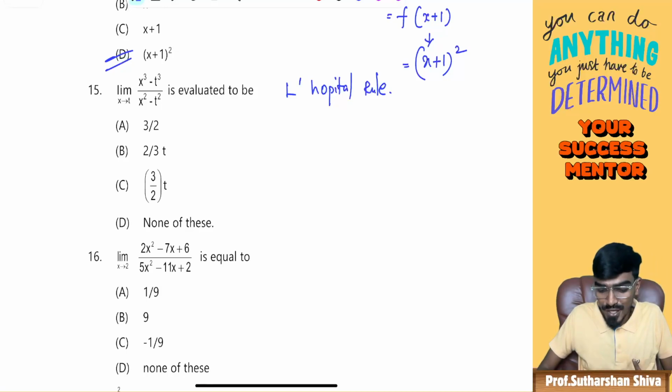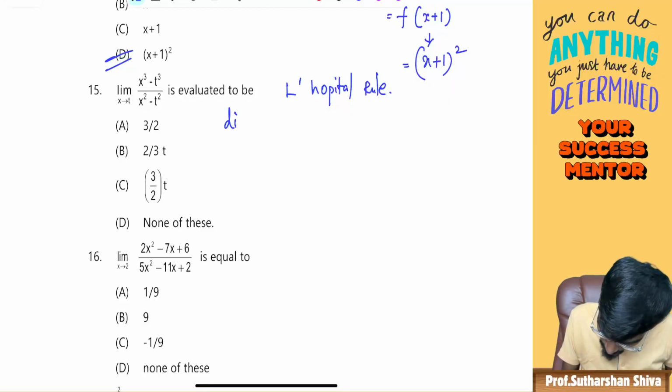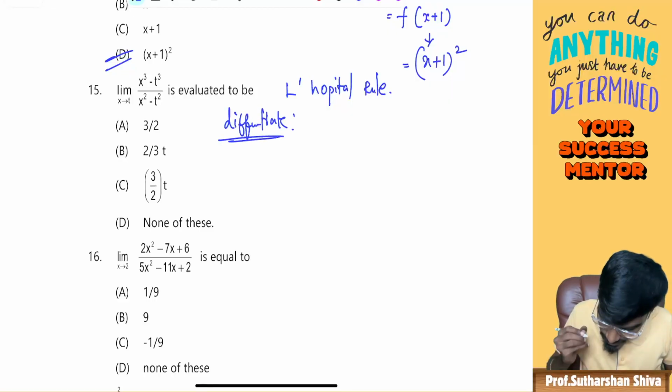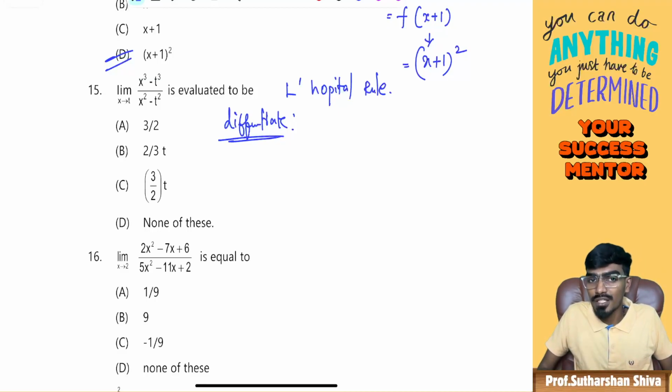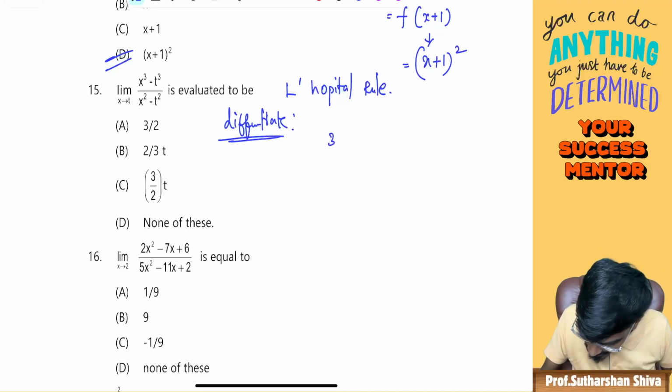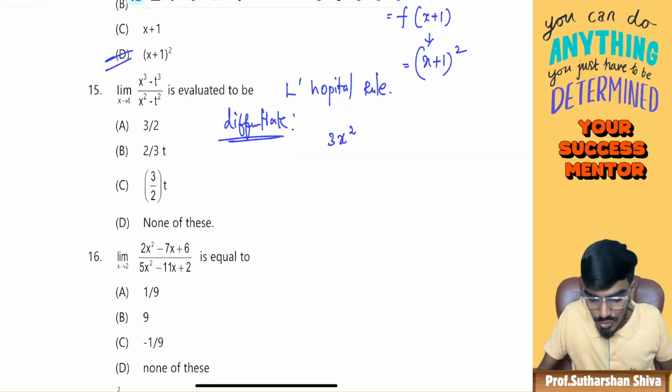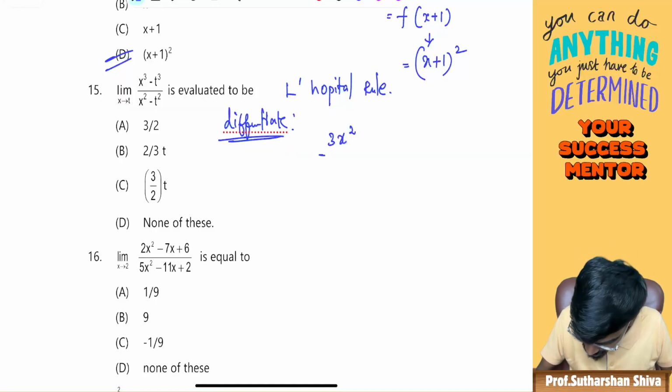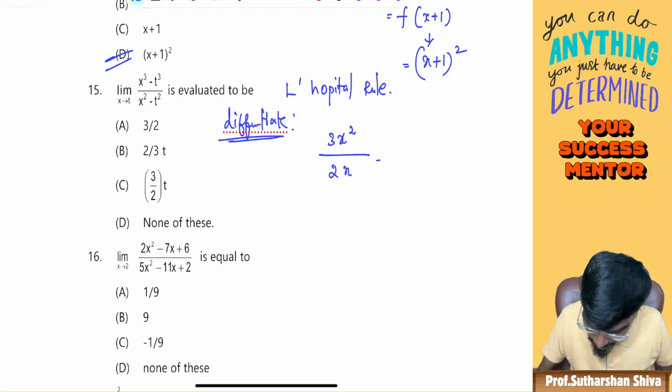What does this rule say? You should differentiate with respect to x. If you differentiate with respect to x, the numerator becomes 3x square, and t cube, as it is a constant, becomes 0, divided by 2x.